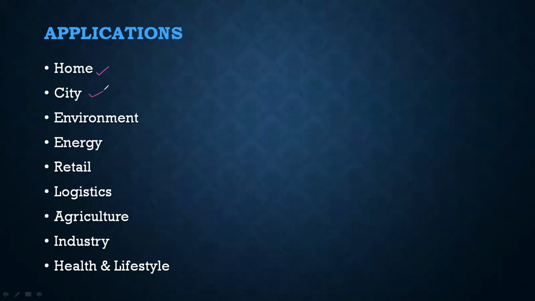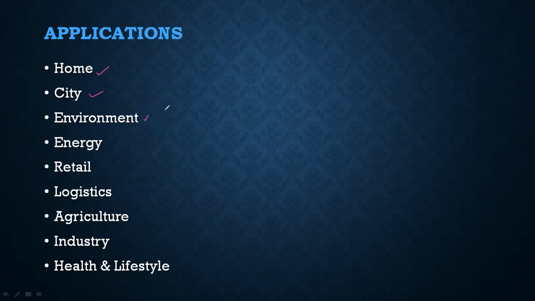Next one is city. In cities, we use IoT applications like smart parking, smart lighting for street lights, and smart roads for detecting accidents and traffic jams on the roads, and surveillance systems, that means security cameras in our cities to detect fraud. These all come under the city. Next one is environment.